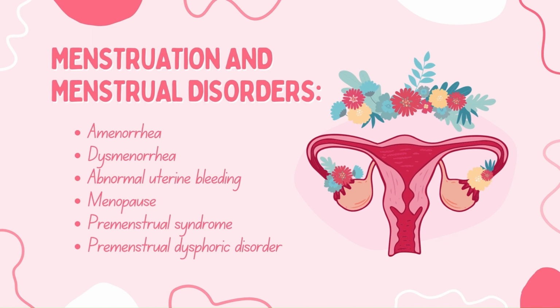Diagnosis: you don't normally need to order any tests, but in patients where secondary disease is suspected, then order a transvaginal ultrasound. The management: first, supportive measures include heat compresses, vitamin B and E started 2 days before and 3 days into menses, exercise, and reassurance.